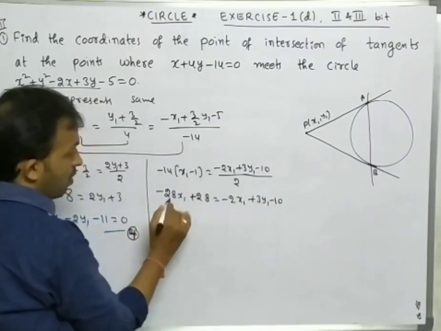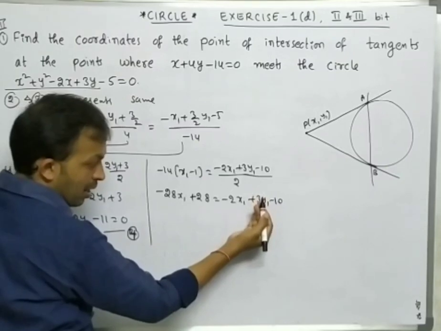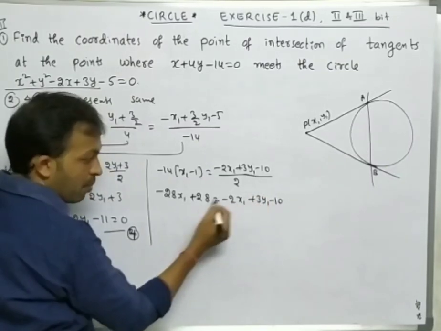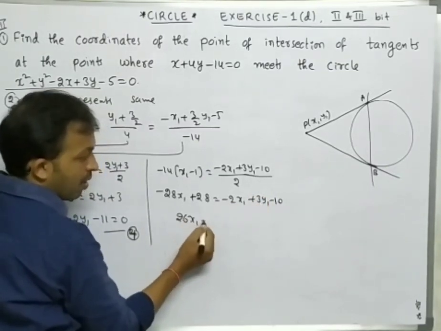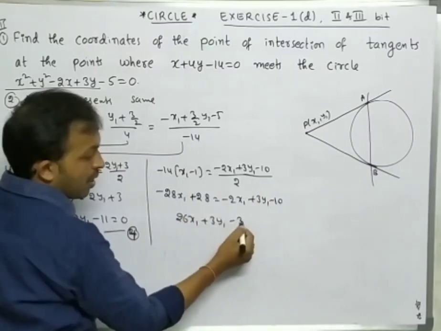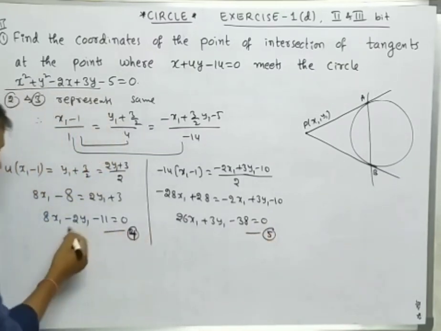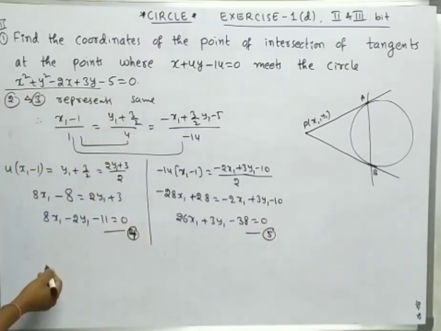Again bring these terms to the right side: 28x1 - 2x1 = 26x1 + 3y1, 28 - 28 - 10 = -38 is equal to 0. This is equation number 5. Solve these two equations by the elimination method or the crisscross method.